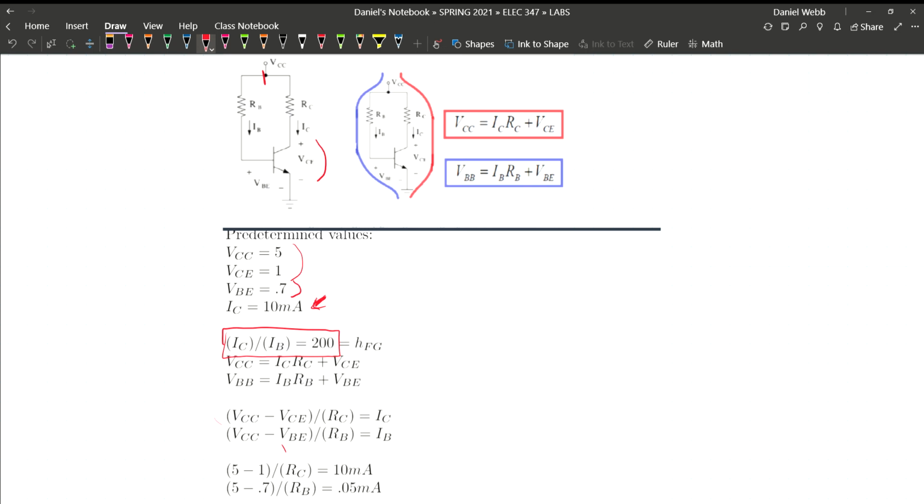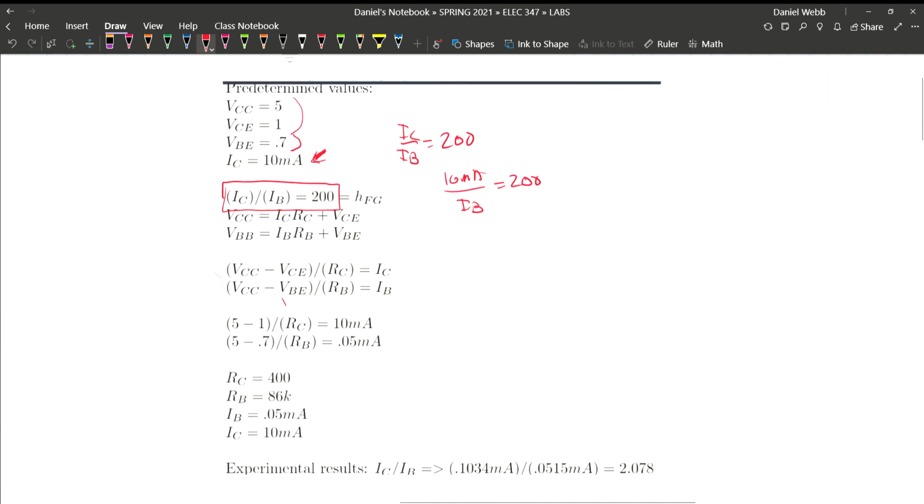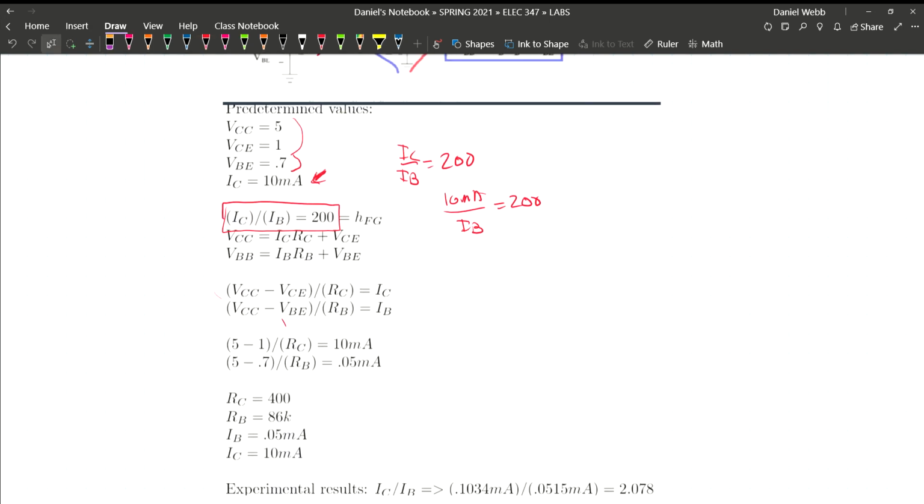To complete this relationship, you'd have IB is IC over 200, and we already know that IC is equal to 10 milliamps. So by knowing this relationship, we can determine that IB has to be about 0.05 milliamps. And so that is solving one of our relationships.